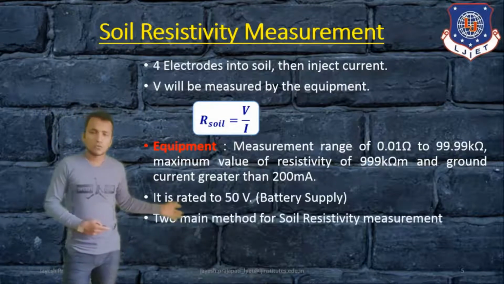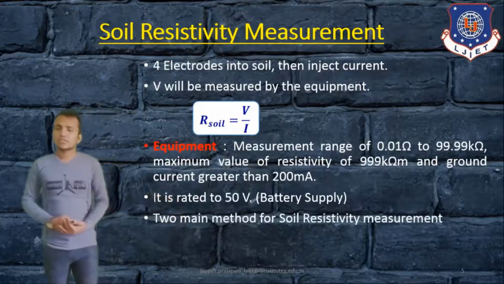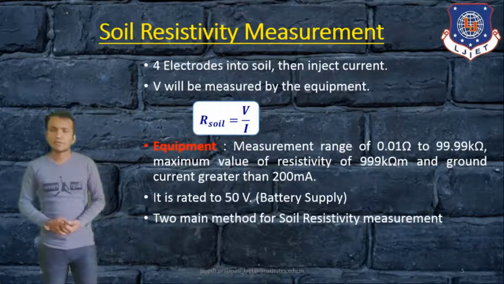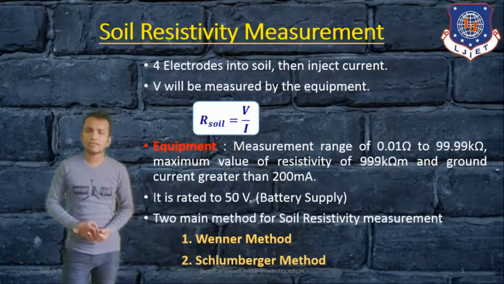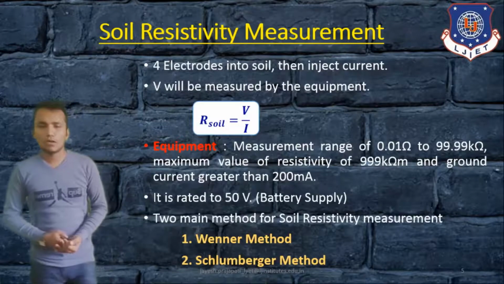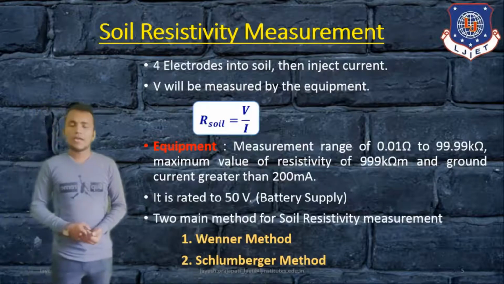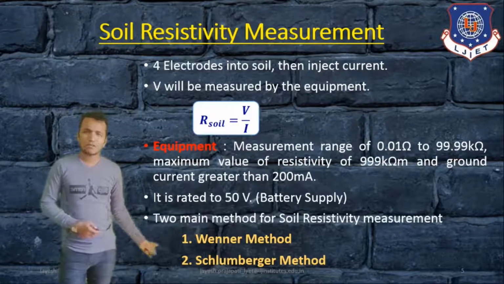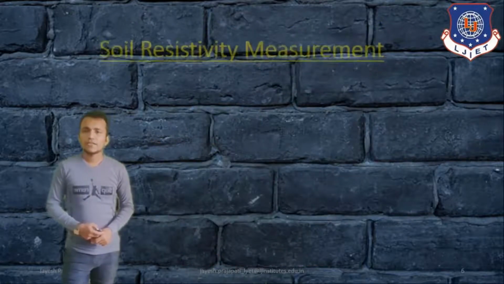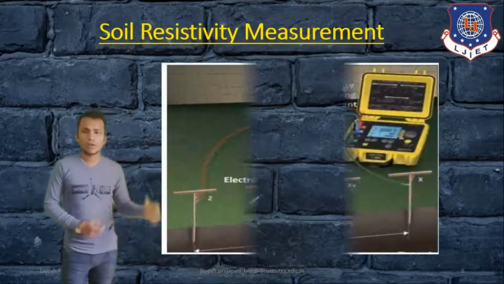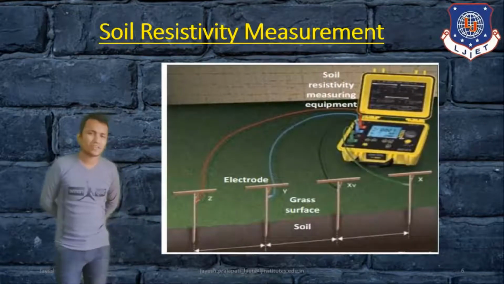There are two main methods for soil resistivity measurement. These two methods are first the Wenner method and second the Schlumberger method. If we have to measure the soil resistivity, it can be measured in this manner.